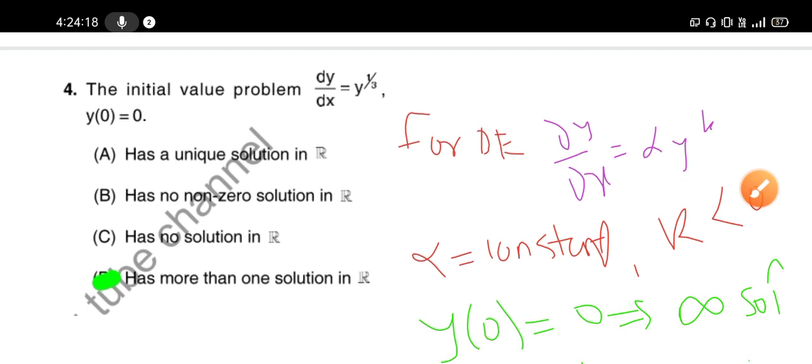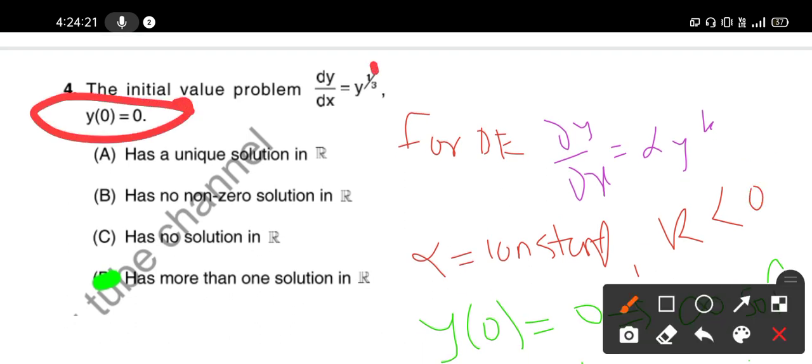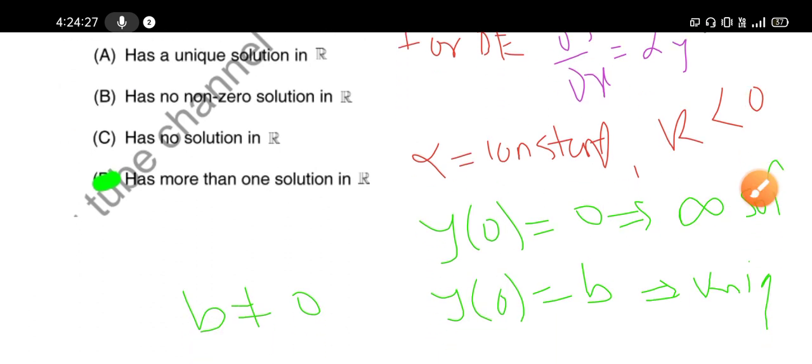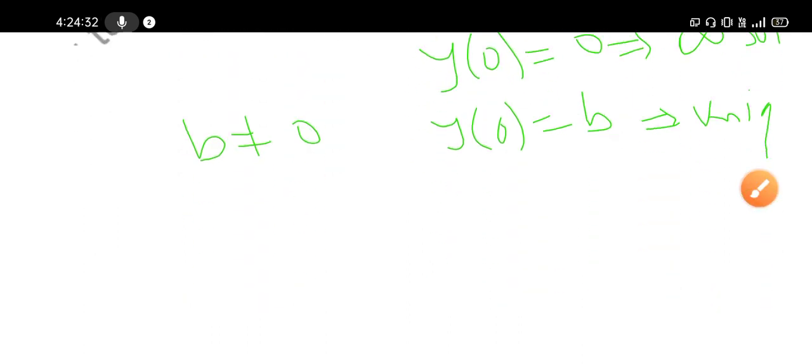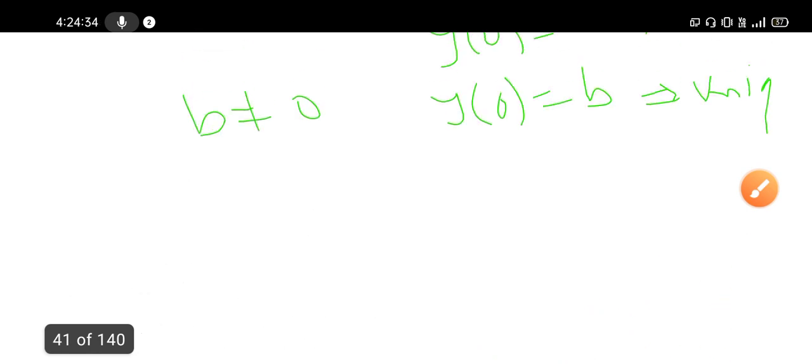Here y of 0 is equal to 0 and the power is 1 by 3, that is less than 1, and so it has infinitely many solutions, that is, more than one solution. So option D is correct. This is an important result.